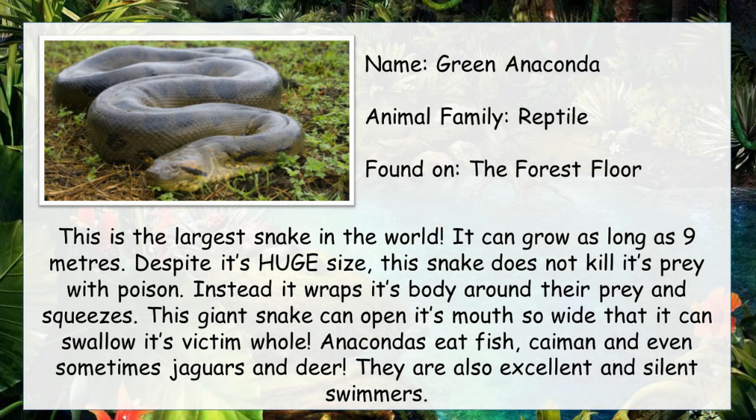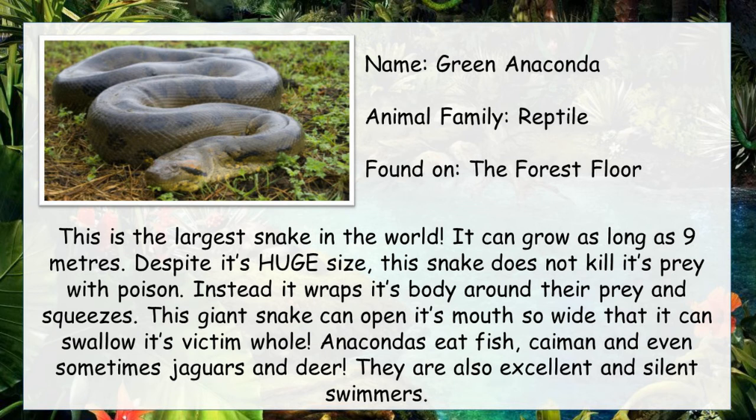Despite its huge size, the snake does not kill its prey with poison. Instead, it wraps its body around its prey and it squeezes. This giant snake can open its mouth so wide that it can swallow its victim whole.